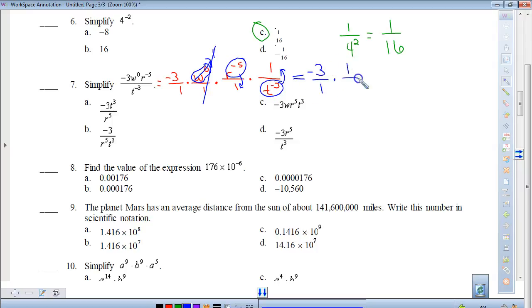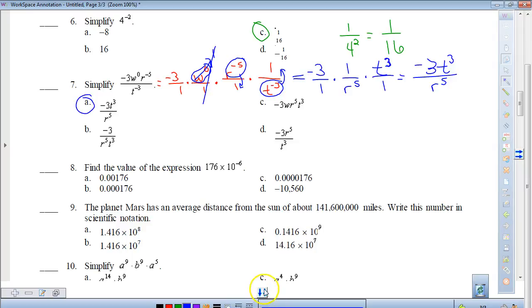This becomes 1 over r to the positive 5th, and this becomes t to the positive 3rd over 1. And then when we multiply across the top, we have -3 times 1 times t cubed, so -3t cubed. And in the bottom, we have 1 times r to the 5th times 1, so we have r to the 5th. And that answer is A.